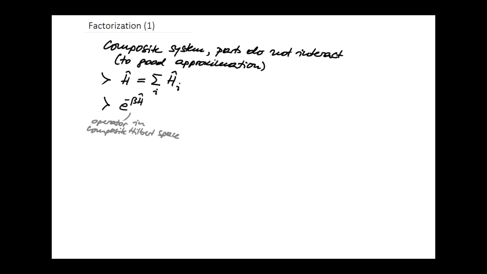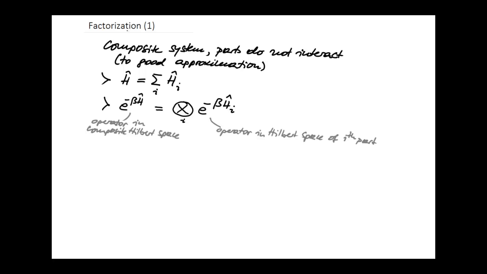When we use the fact that the total Hamiltonian is just the sum of the individual Hamiltonians, then when we exponentiate that, the exponential is the product, and more precisely the tensor product, over all parts, all constituents i, of the individual exponentials. So each factor in this tensor product is an operator in the Hilbert space of the ith part.